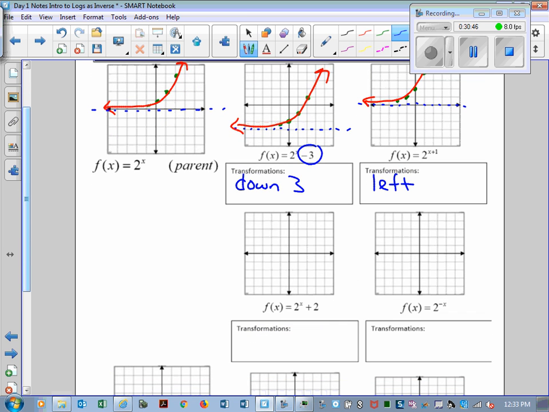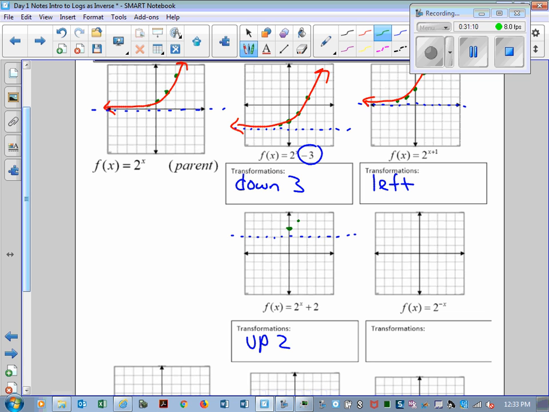Next one, what's our transformation? Up 2. So again, the first thing I would do is move my asymptote. And I'd take all my points and move everything up 2. So from here, I go up 2.